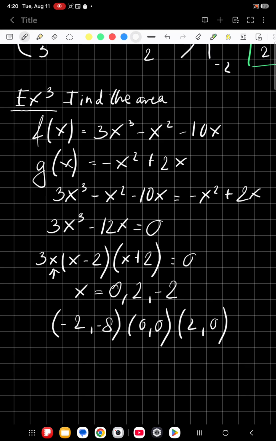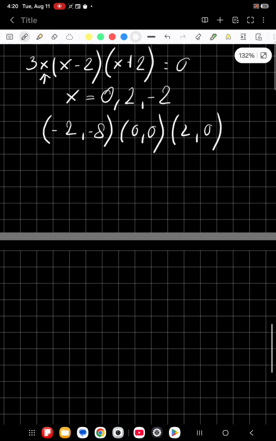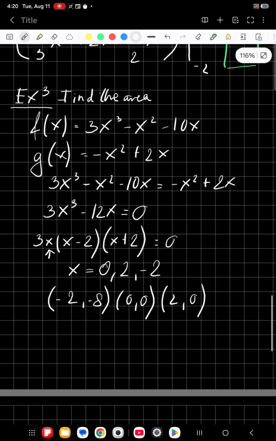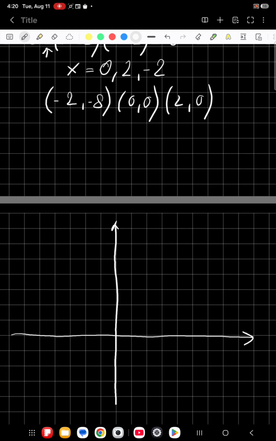Let me actually show you the graph now. The first function is a cubic function. Let's make it blue.